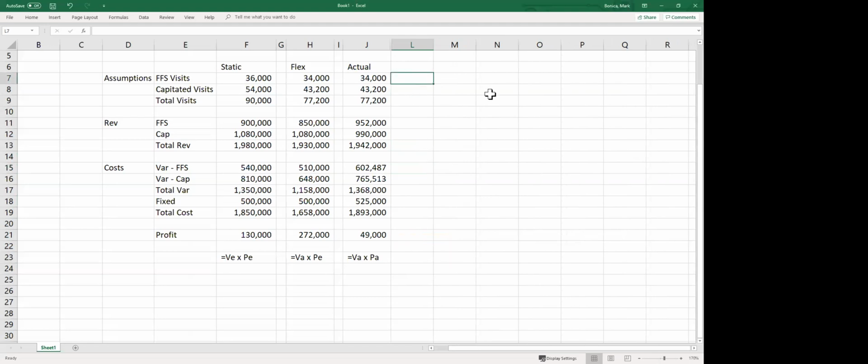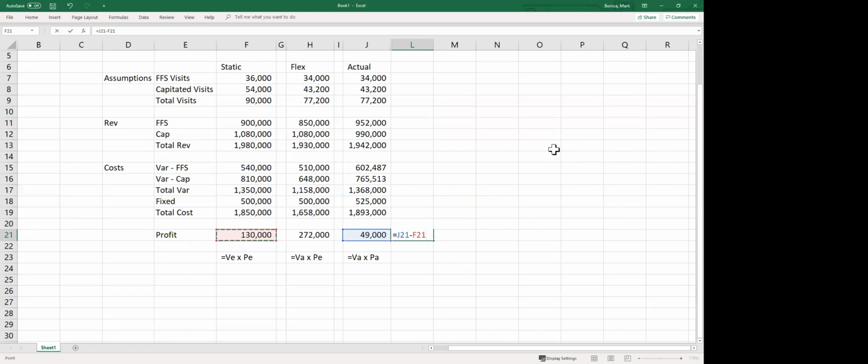So what's profit variance? Okay, well, we're going to go right to left, right? So profit variance is going to be the actual profit minus the static profit. Now, why are we doing actual minus static?